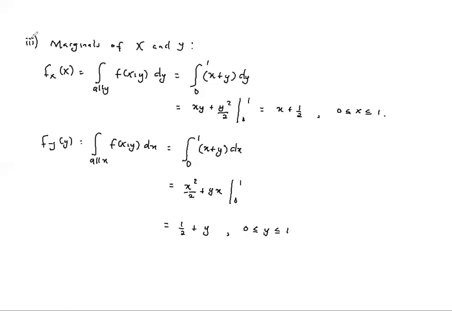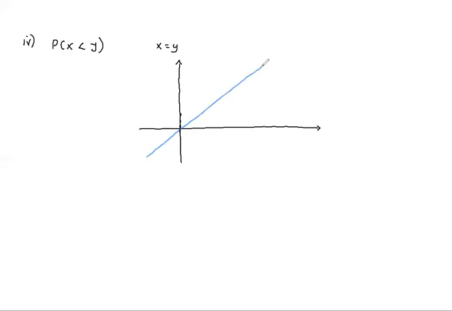Then the fourth one, we're looking at the probability of x being less than y. So you know that for us to compare in this way, we need to start from the line x is equal to y, and then we'll pick the less part. So if you are to draw this line, when we are doing the assignment, so this is x is equal to y.